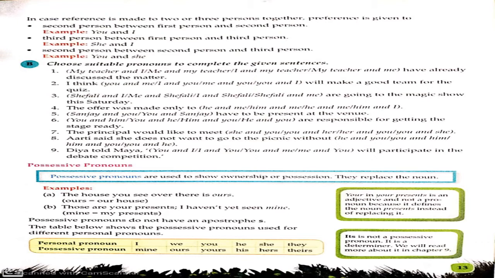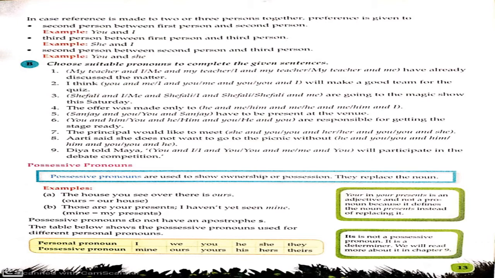Okay. Now, next one. I think you and me, I and you, me and you, and I will make a good team for the quiz. You remember the first case? It will be you and I. Right?